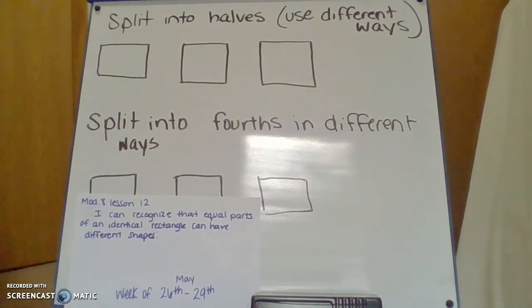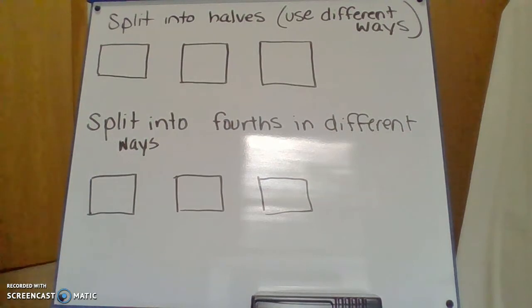We also used squares for the example, and it still works. If you split these into halves like we did before, you could do it diagonally, vertically, horizontally. You need to be able to recognize that although they're split up differently and making different shapes, they're still representing that half or that fourth. It's still showing the same thing.